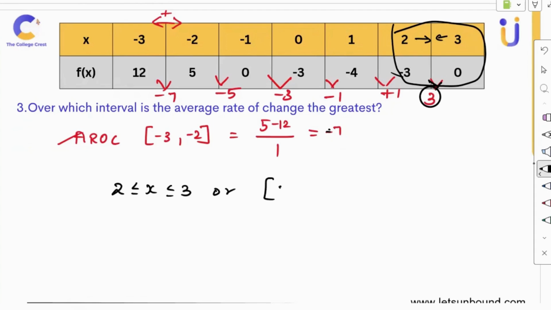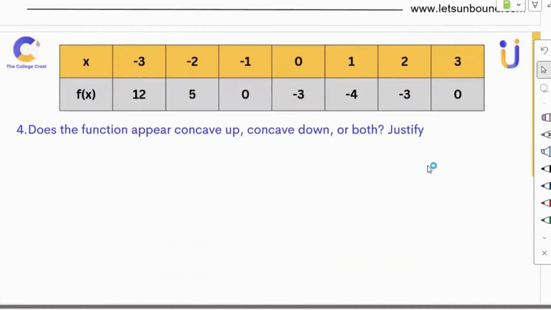Or you can mention it like this. Open interval is fine. It has the greatest average rate of change. Right? That's simple.